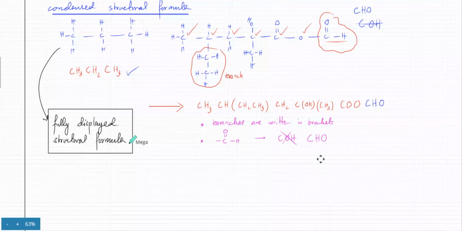If there are two things reacting and you have to draw the product, the question is going to be very specific that you draw the fully displayed formula. If they say that you draw the fully displayed formula, that means every bond and every atom has to be shown.